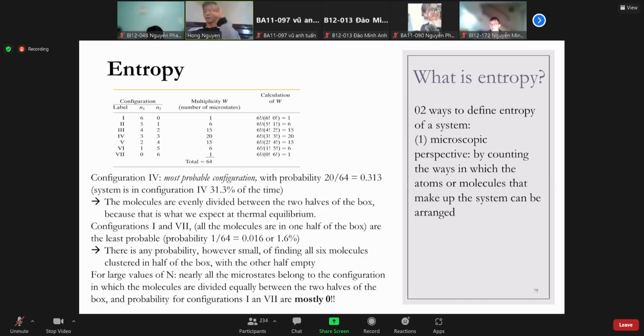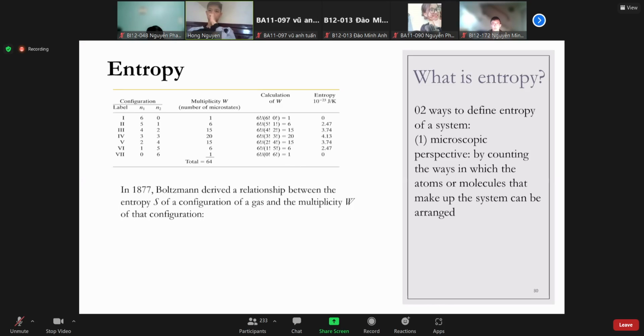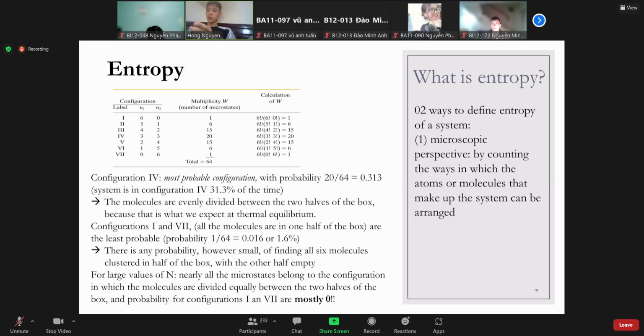Around us, we have a lot of systems with a lot of moles inside. So in this way, we know the way an irreversible process should go.